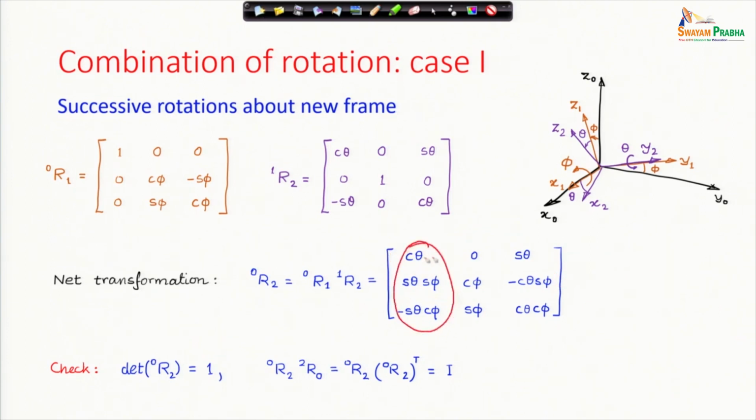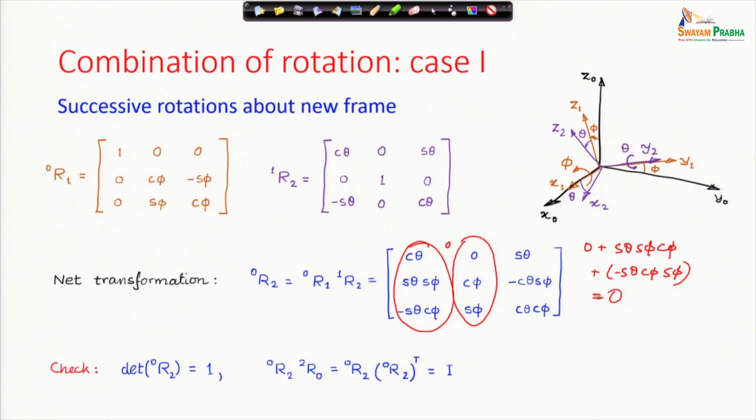Now, the dot of this with this becomes 0 plus sin theta sin phi cos phi plus minus sin theta cos phi sin phi, and these two are equal and opposite.